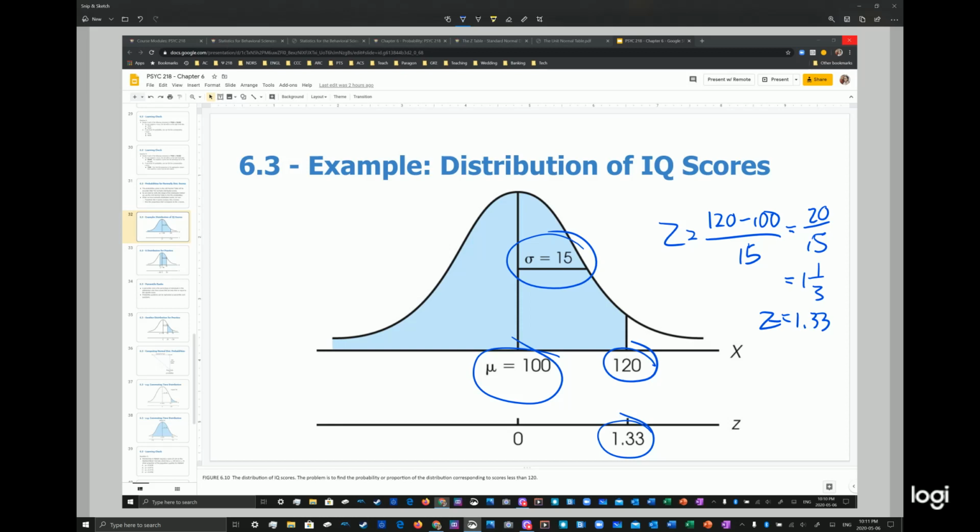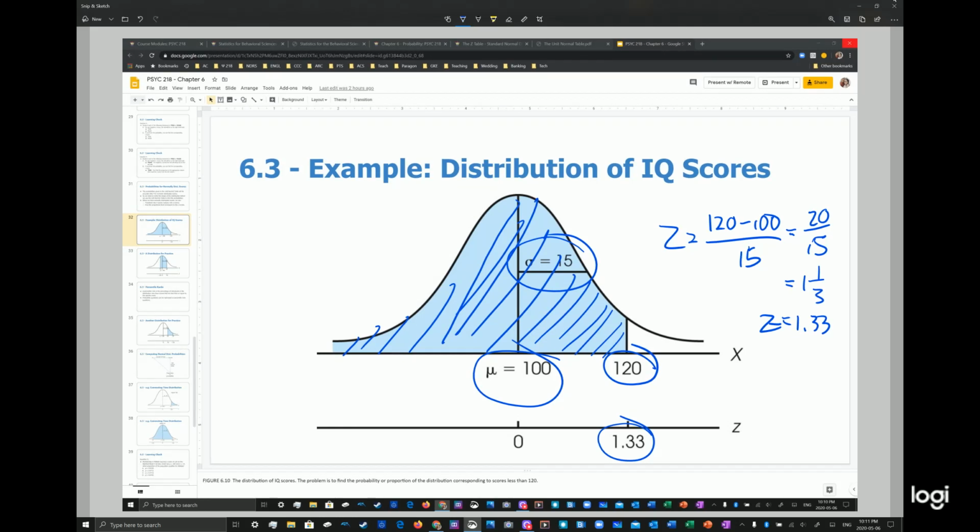So with that, we want to find the proportion. In this case, the question is asking in terms of the shaded area, how much of the population distribution has an IQ of 120 and below. So we know the z-score, so we want to ask, what area are we looking for? In our basic scenario here, we ask, is it body or tail? The proportion is larger, and so it's the body.